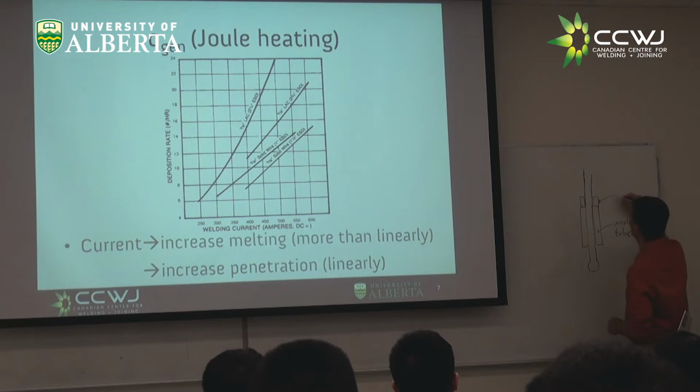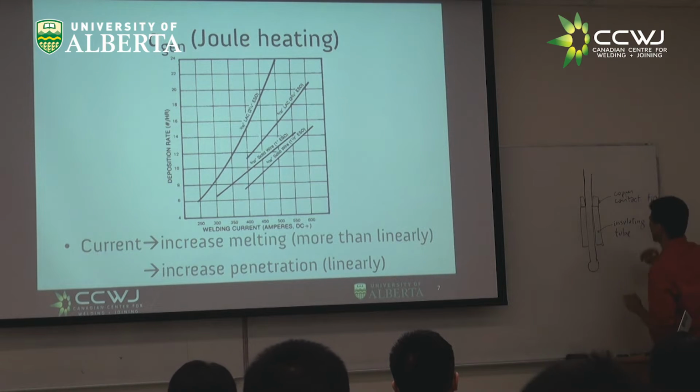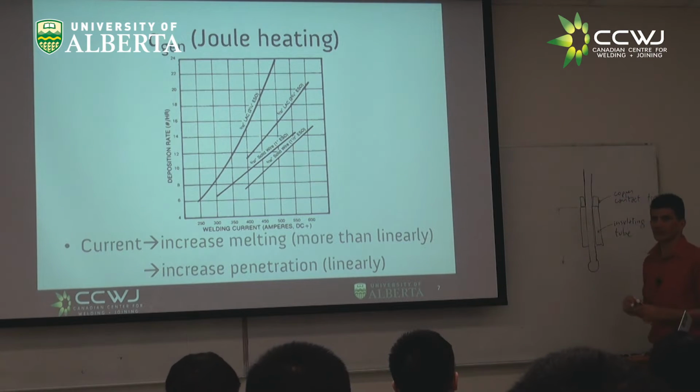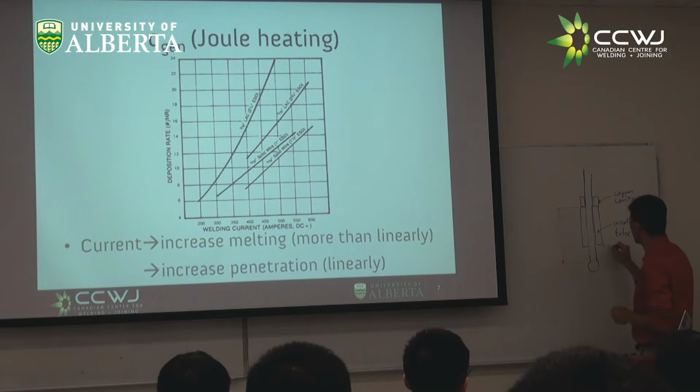And here you can have your copper contact tip. So now you would have an electrical stick out that goes from here to here, right? That's your electrical stick out.